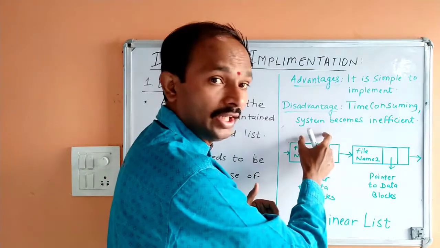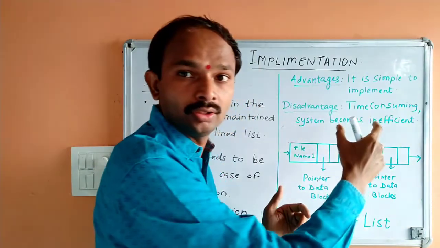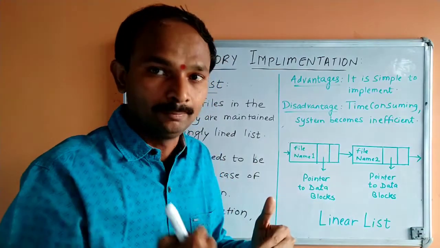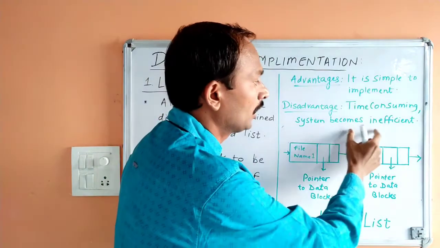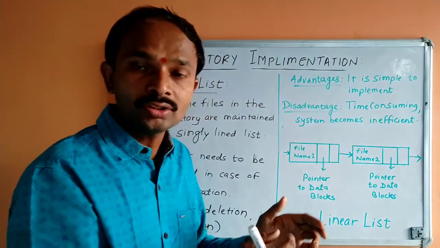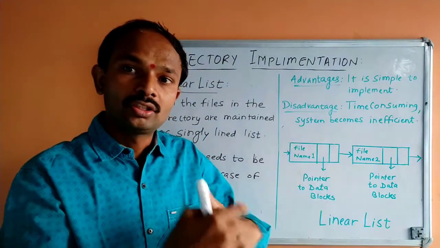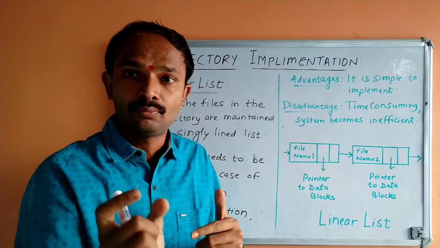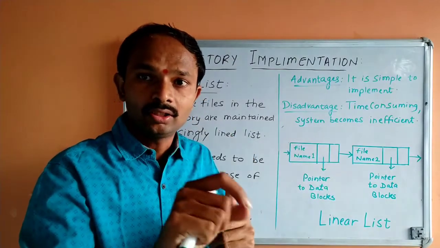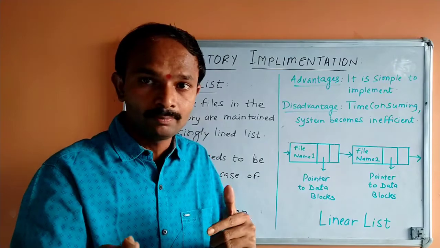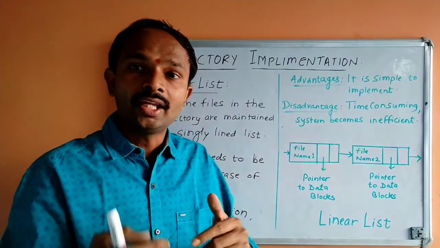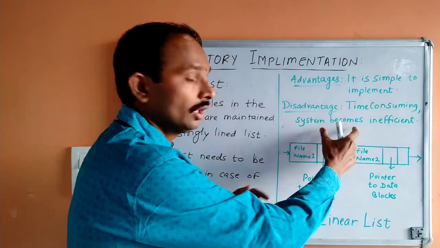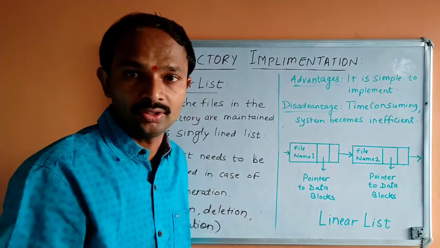But the disadvantage is that it is time consuming, because we need to travel the path to search for a file, and the system becomes inefficient. If we want to create, it will search the whole list of files to see whether I can create this file name like paint.txt, and if I want to delete, again it will travel the complete path, and only then go for the deletion operation.